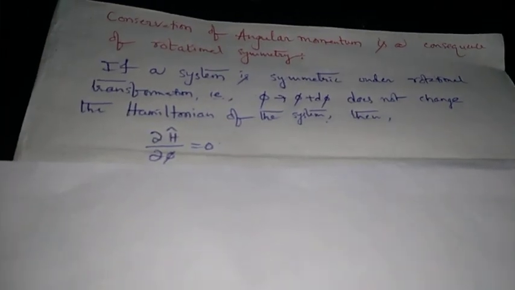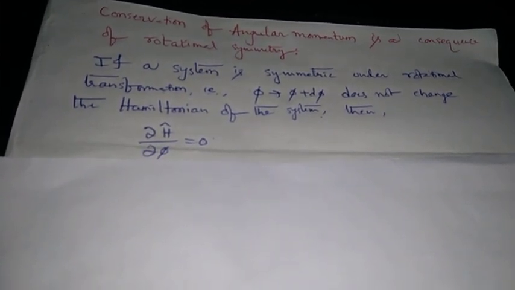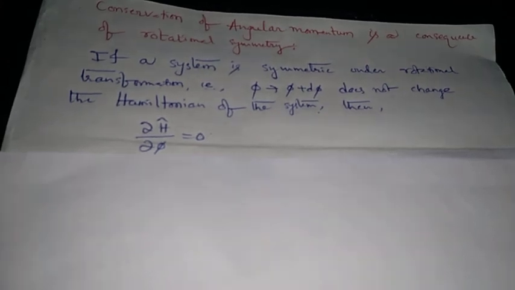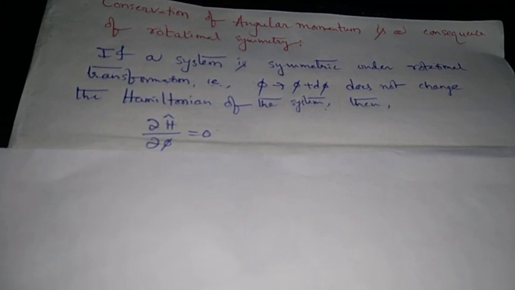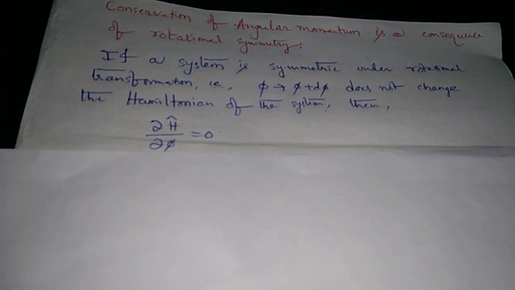Next in the discussion is the explanation for the conservation of angular momentum, which is a consequence of rotational symmetry. If a system is symmetric under rotational transformation, that means when phi goes to phi plus d phi, the Hamiltonian of the system does not change. That means the partial derivative of H with respect to phi will be 0.